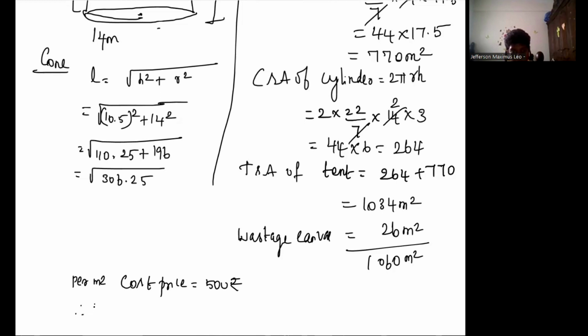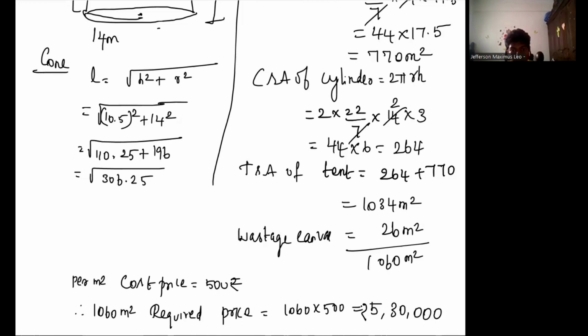Therefore, 1060 meter square required price is equal to 1060 into 500. So 5,30,000.